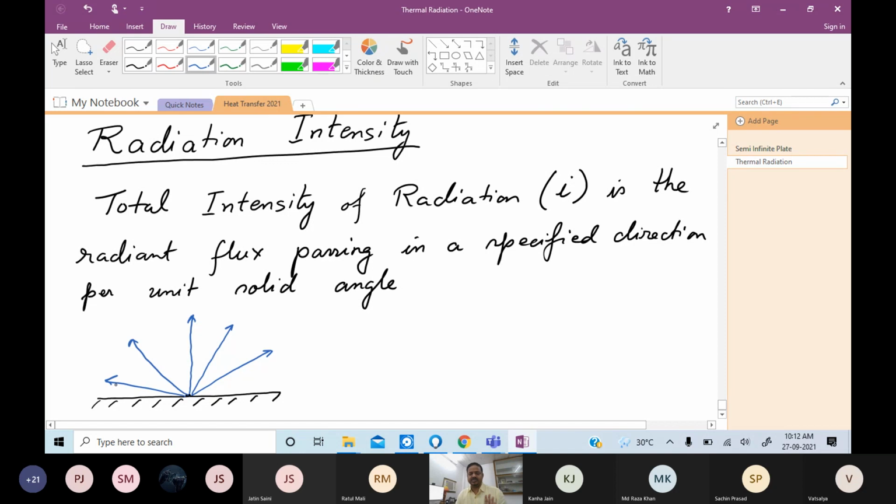Most normal surfaces, we will define such a thing called a diffuse surface, unless the surface is polished and supposed to have certain directional properties. Otherwise, any surface is going to emit radiation in all directions.